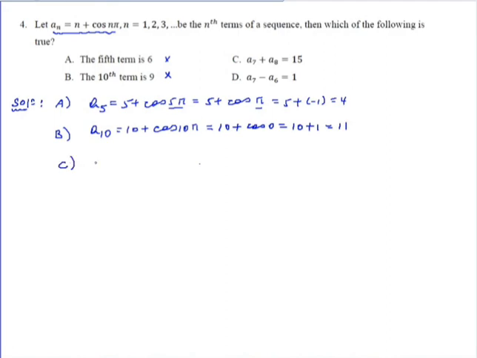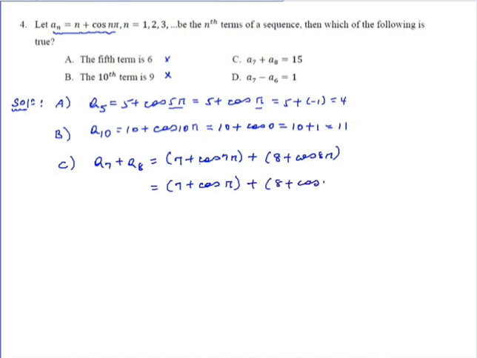Let's check for C. The 7th term plus the 8th term is, the 7th term is 7 plus cos 7 pi, and the 8th term is 8 plus cos 8 pi. Okay, so this means 7 plus cos pi, because 7 pi and pi are coterminal, plus 8 plus cos 0.